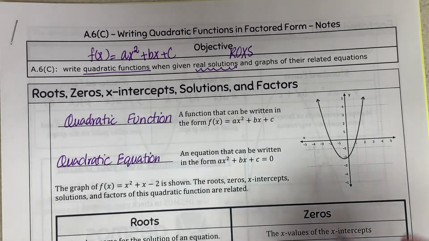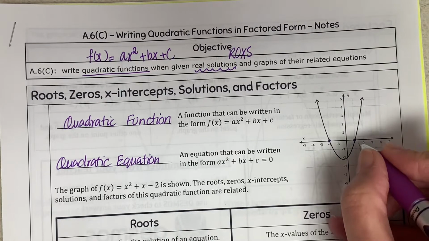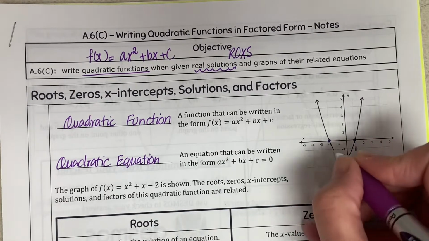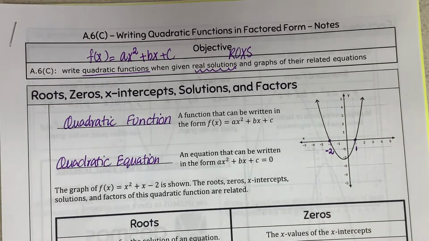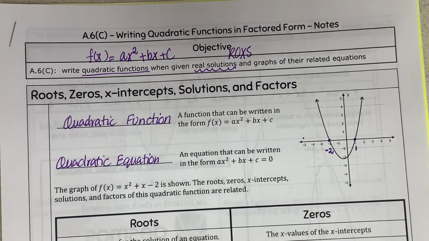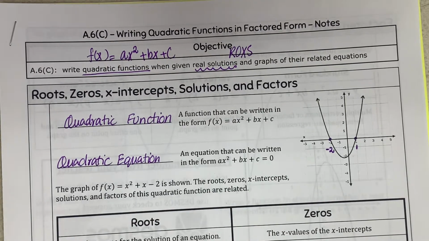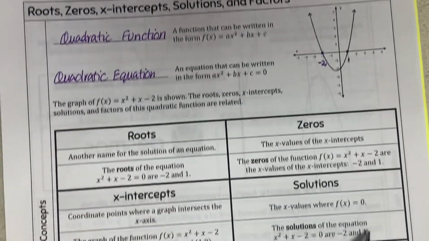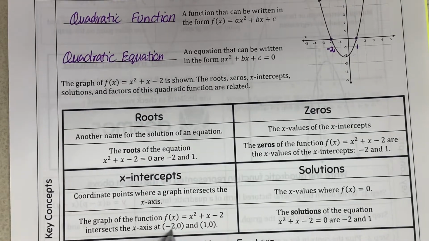And your roots, zeros, or x-intercepts or solutions are, this is positive 1 and this is negative 2. So if I have to write roots, zeros, and solutions, I would say negative 2 and 1. But if I have to write the x-intercepts, I'm actually going to use the ordered pair.